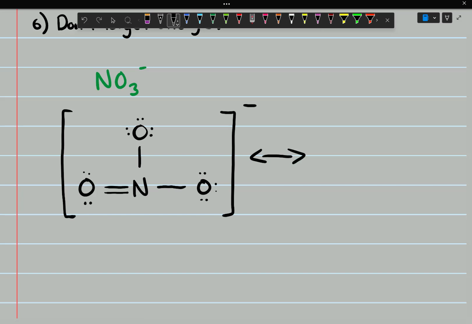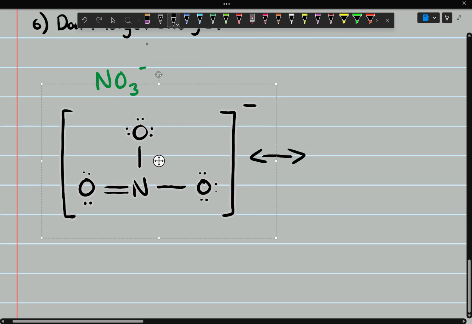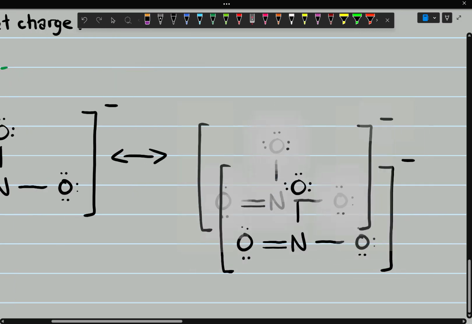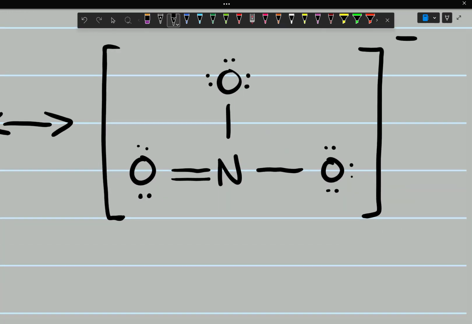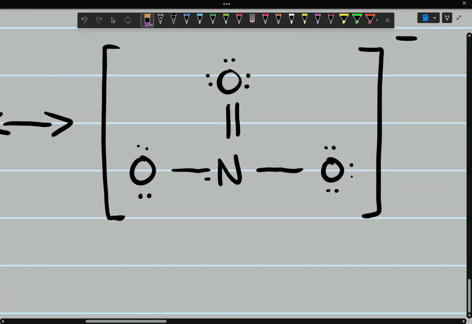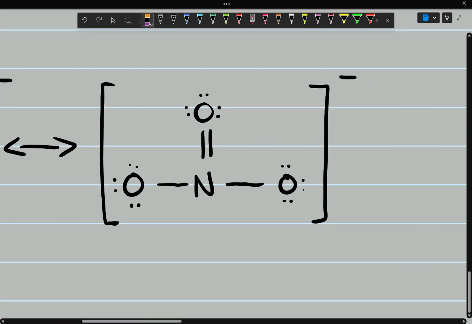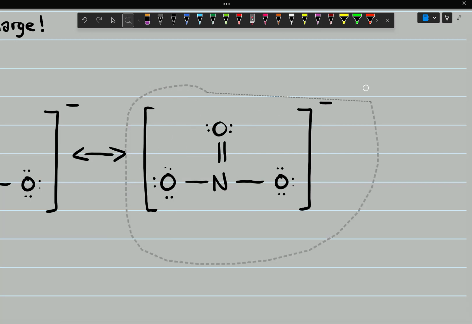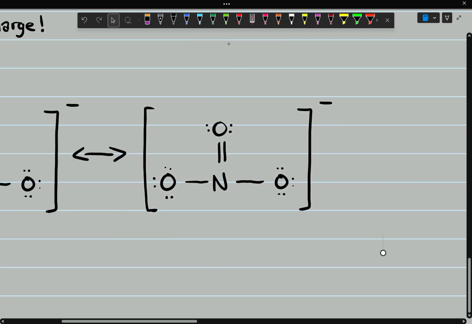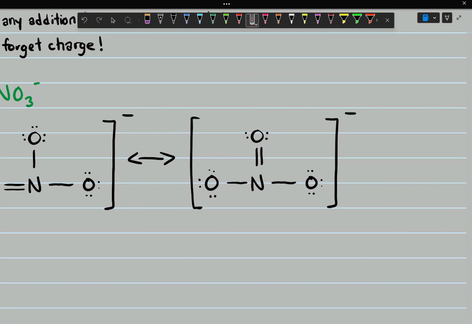So we write our resonance arrow, and I'm doing this on a tablet, so I can copy and paste. All we need to do is just rewrite each different variation of the resonance structure that we have. So we could have chosen the top oxygen atom to have our double bond.